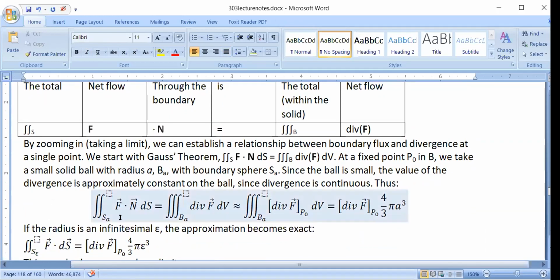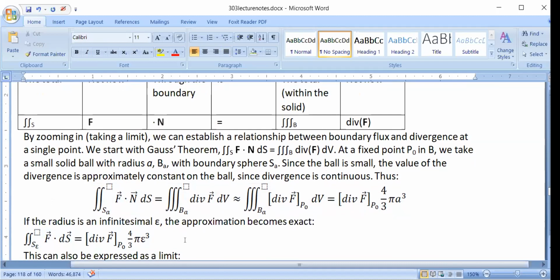So if your sphere has this radius epsilon, then the surface integral over the surface with radius epsilon of F dot dS is just the divergence at our point P0 times the volume, where that's 4/3 pi epsilon cubed. Okay, another way to think about this, instead of using infinitesimals, is to use limits.